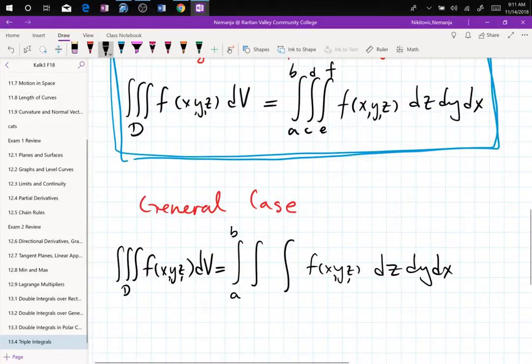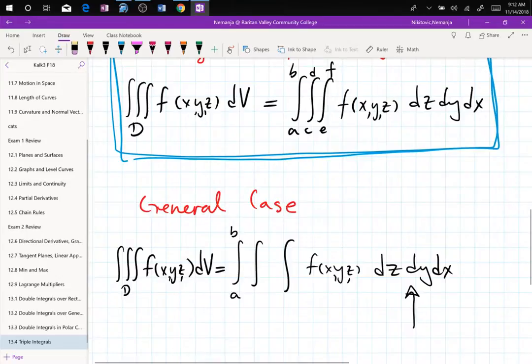Then this one and this one belong to y, so they have to be y equals, and it needs to be a function of the only one that is not integrated yet, which is the one at the end. So in this case, that has to be a function of x.